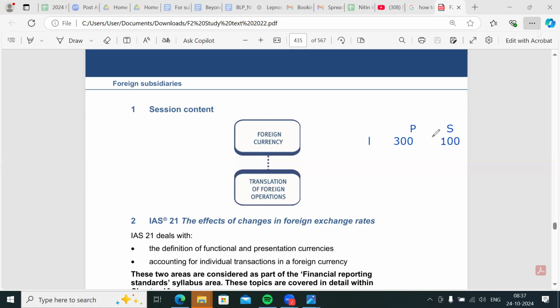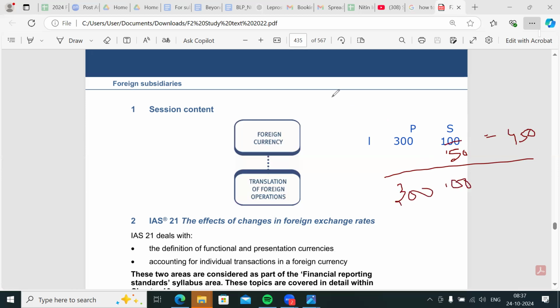So how will you convert now? Conversion will be how? 1 pound is equal to $1.5. So when we convert, won't we make it 150? Yes or no? Yes. So now we'll have a consolidated statement that shows 450, right? And next year, with no purchase, no changes at all, this is 300 and this is 100,000.